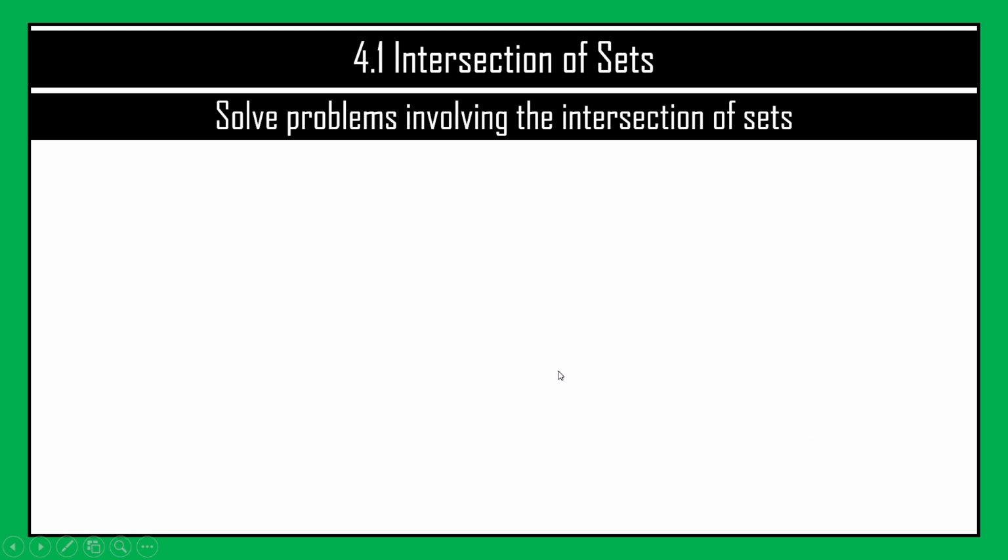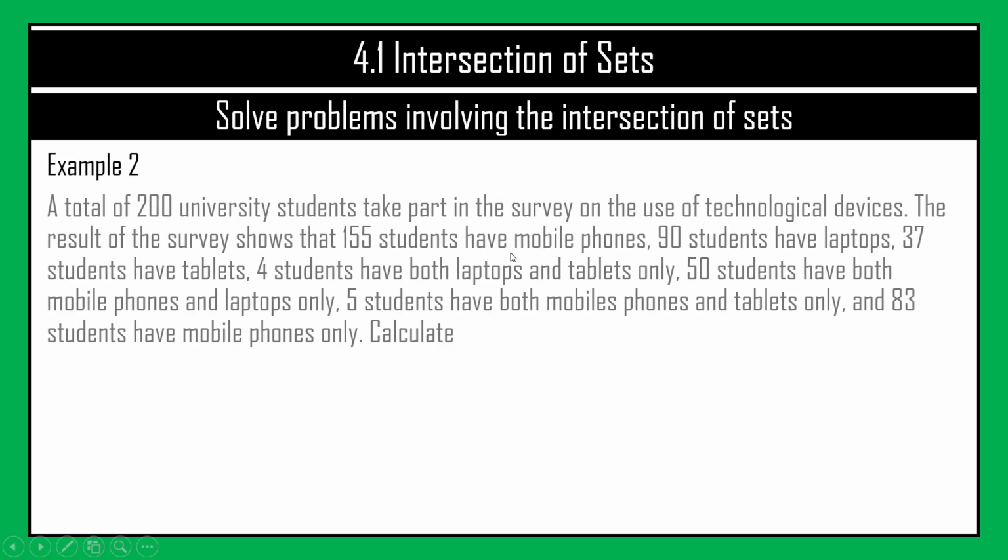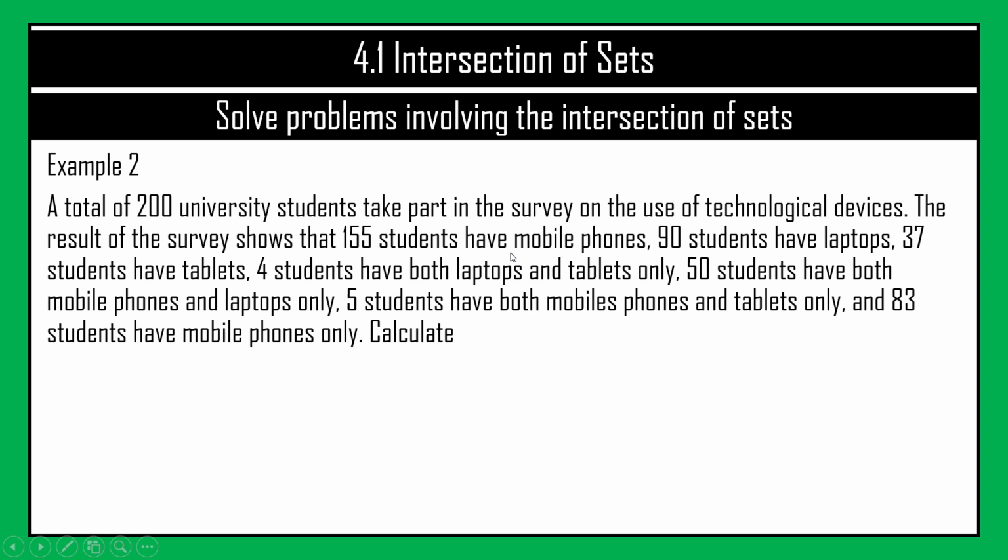Now let's look at another example. This will be example 7 in your textbook. Alright, the question is, a total of 200 university students take part in a survey on the use of technological devices.